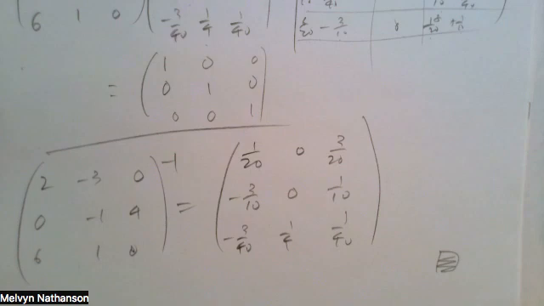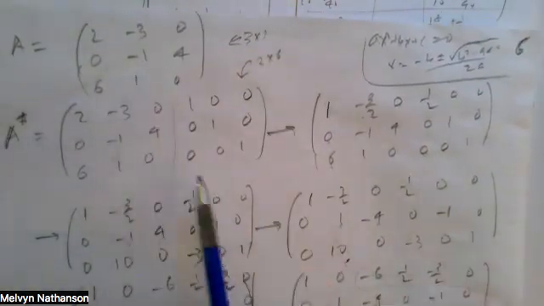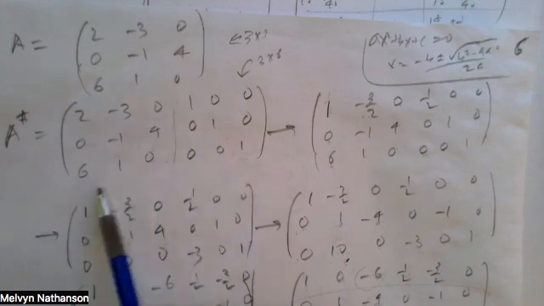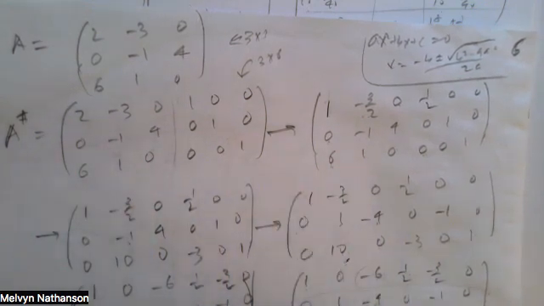We started with a 3x3 matrix. Wrote down the 3x6 matrix. Did step by step the process of putting this in reduced row echelon form. And we got the result. Right?